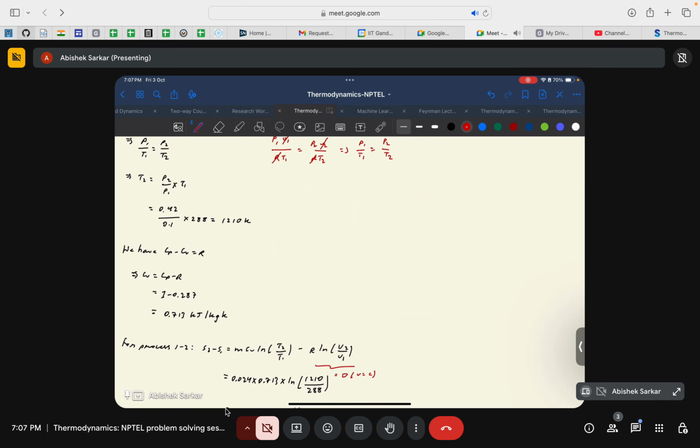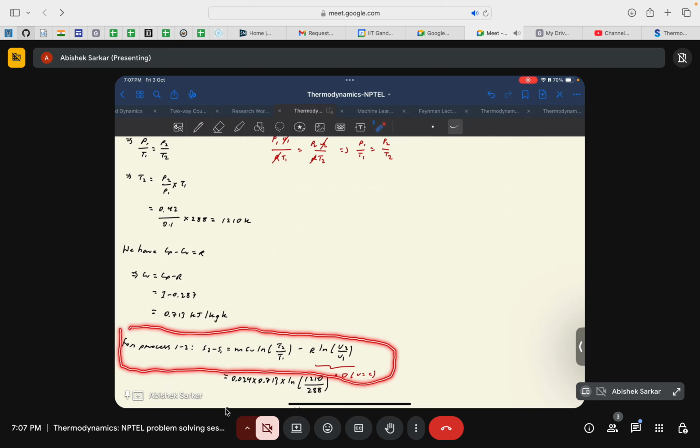The derivation and the perspective behind this equation, you can revisit in the previous lectures to see how this equation is obtained. But this is the expression for a net change in entropy for an ideal gas. We just simplify the TdS relations, the thermodynamic property relations, to find the net change in the entropy. Just for your reference.